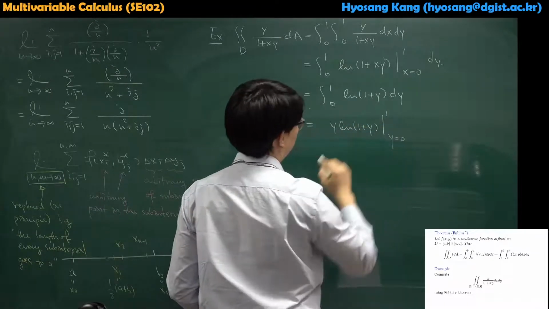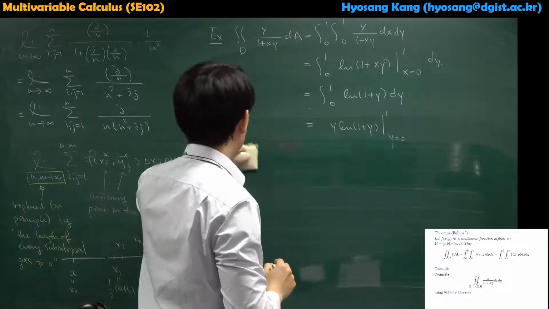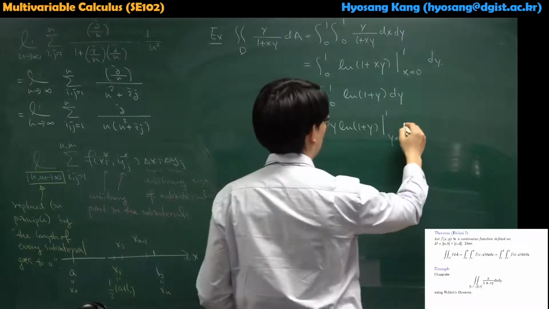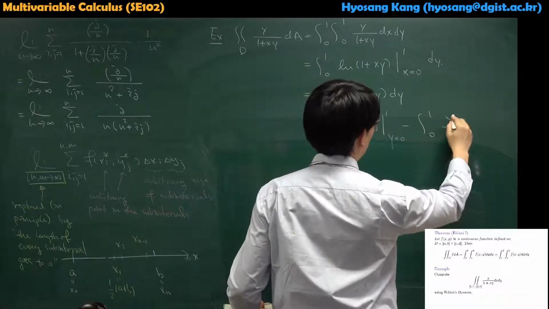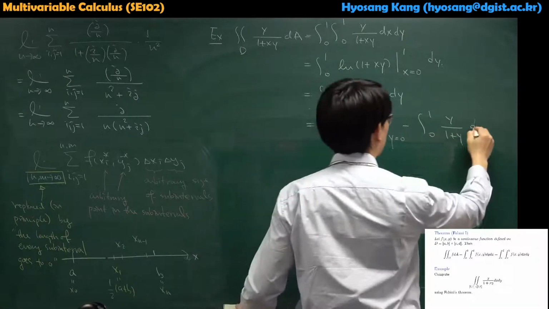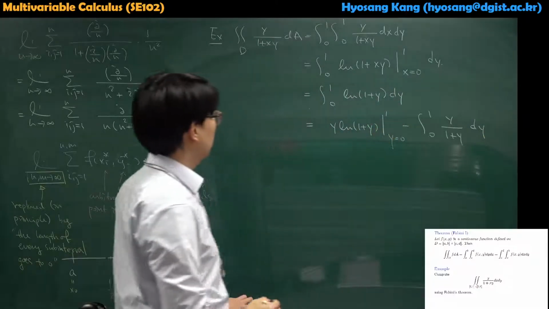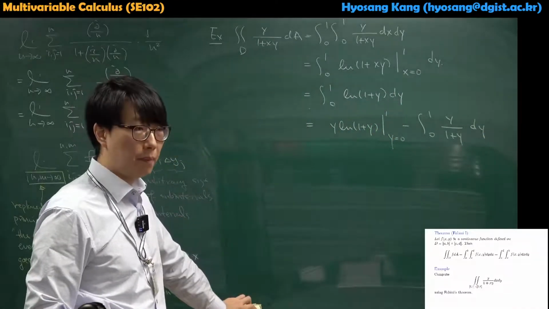So y ln(1 plus y). If I'm wrong, please correct me because I'm not good at calculation. So then minus the integral from 0 to 1 of y over 1 plus y, dy, right?